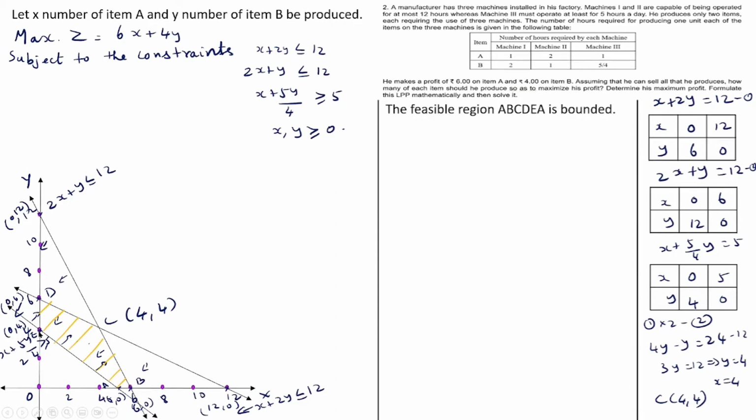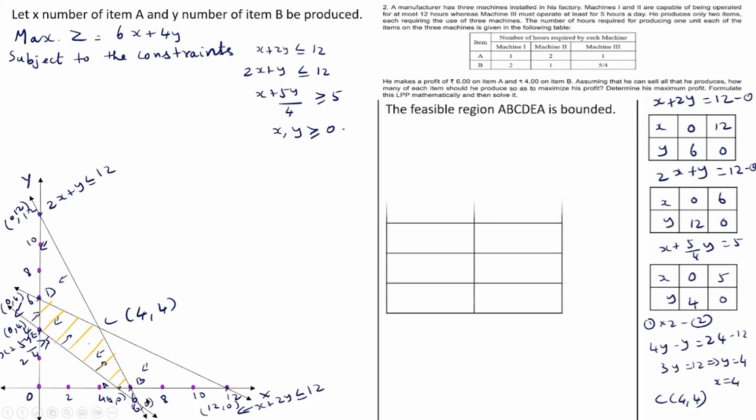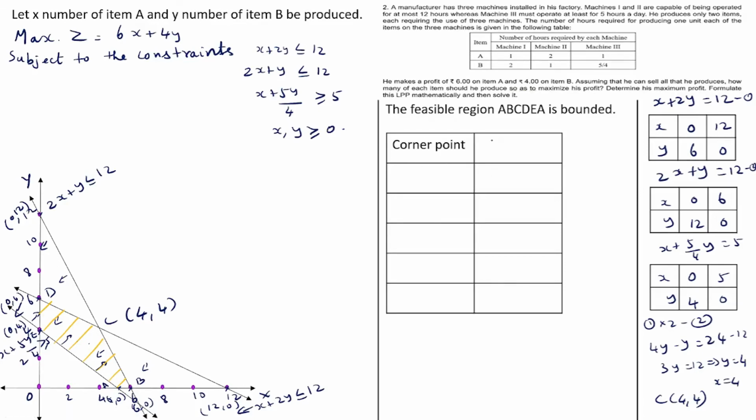Now we can see that the feasible region A, B, C, D, E, A is bounded. So if the feasible region is bounded, then the maximum value of Z occurs at one of the corner points. So let us draw a table like this, where the first column is the corner point, and the next column is where we have to find the value of Z. Z is 6x plus 4y.